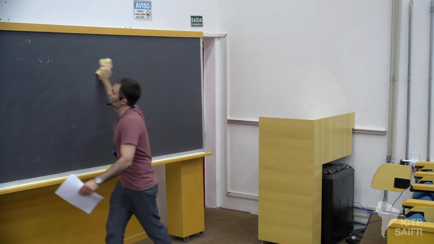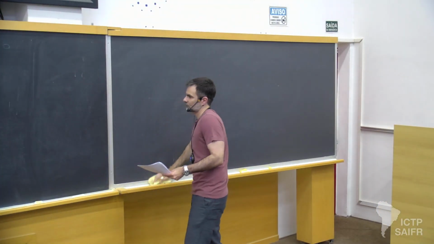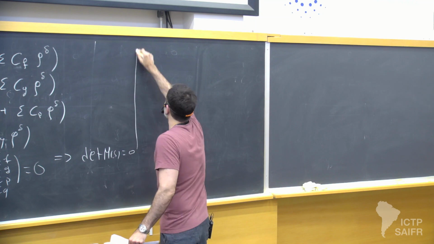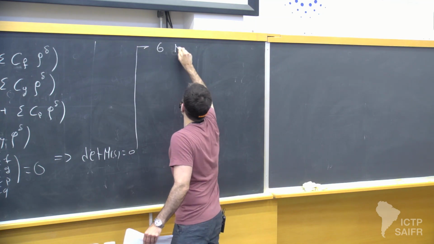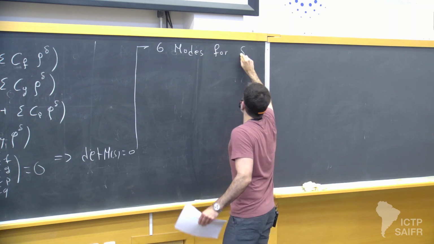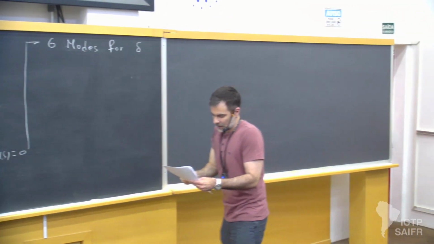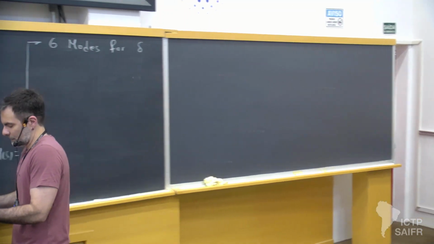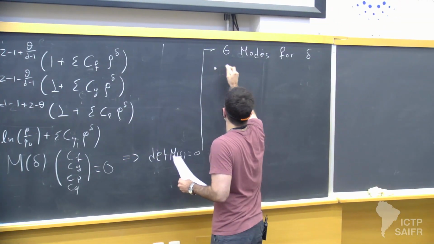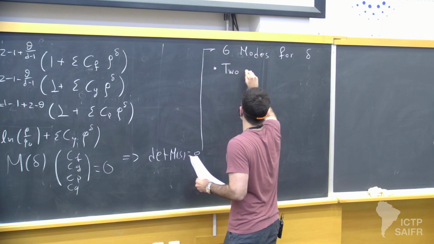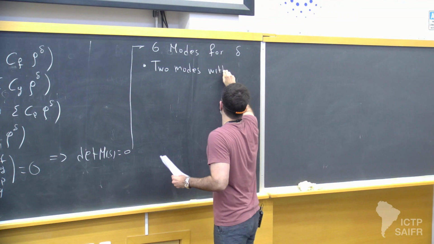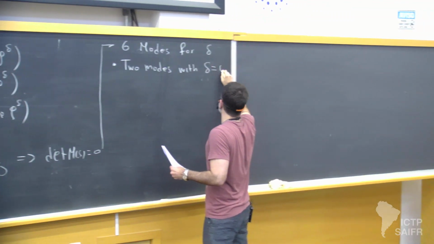So let's look at these 6 modes. So this leads to 6 modes for delta. And so I have 2 distinct modes with delta equals 0.